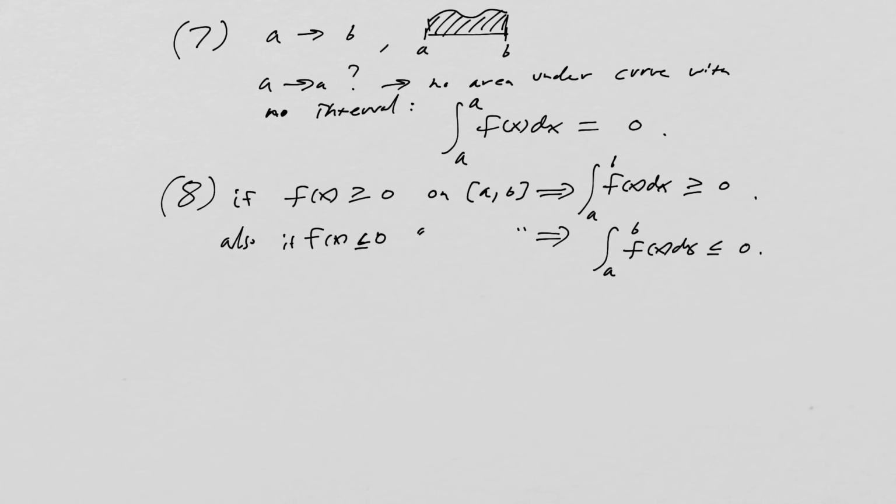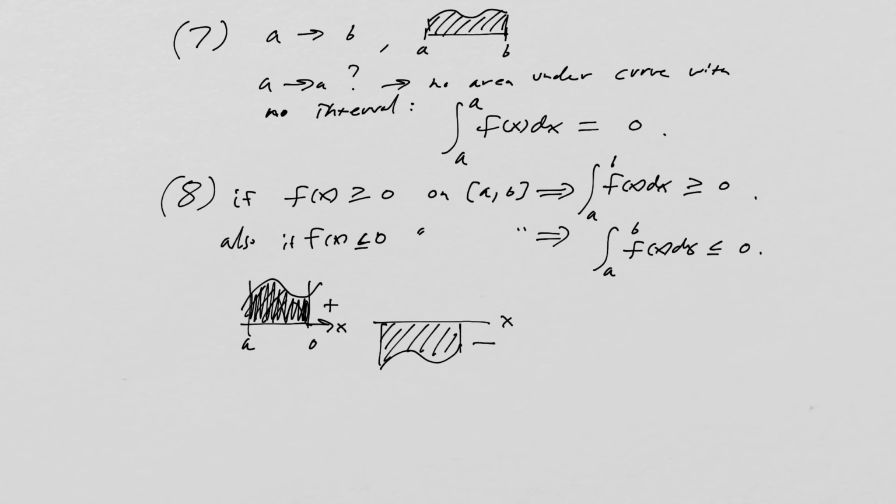And again, this corresponds to the idea that positive areas are areas where the graph of the function is above the x-axis. So that's positive, versus if we have a function like this that's below the x-axis, that's going to give us a negative area.